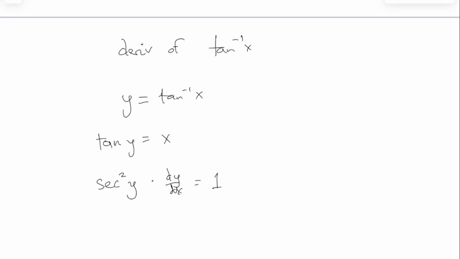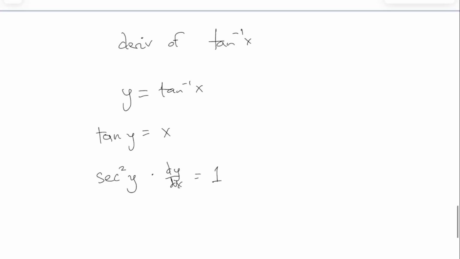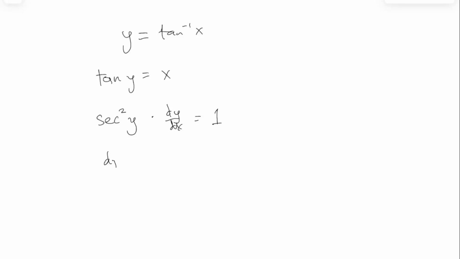This is exactly like the examples we just did for sine and cosine. Then I'm going to solve for dy/dx by dividing by secant squared: 1 over secant squared of y. Remember, secant is 1 over cosine, right?